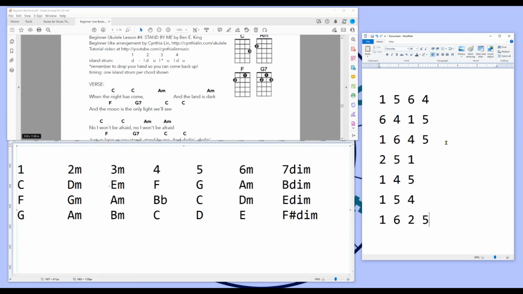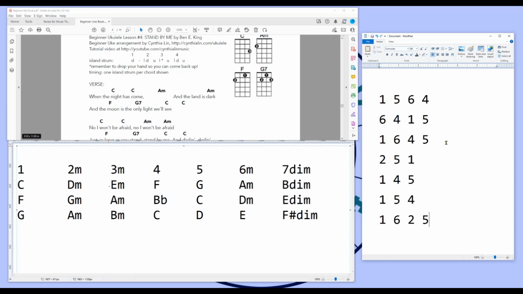You always play the 1, that's universal. High probability you're going to play the 4 and the 5 chord. 6 is pretty common. 2 happens once in a while, and 3 is not too often. They're sprinkled in there. But these are the common chord progressions.